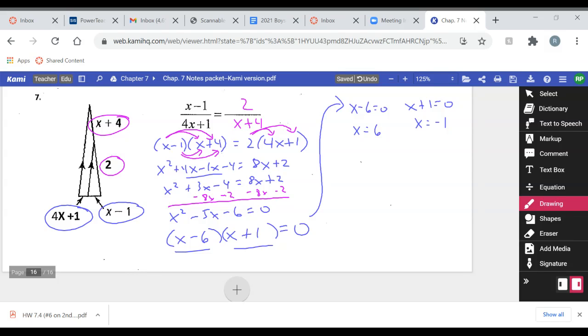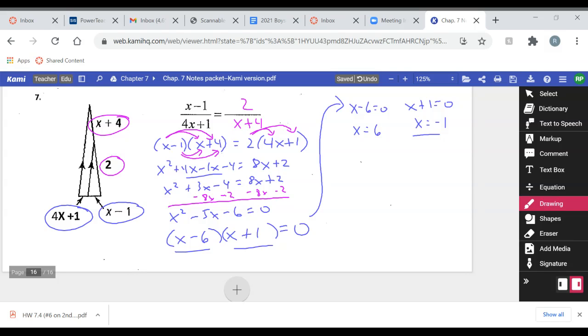And so these are my two solutions to this algebra problem, but in a geometry problem, I need to always make sure that both of those solutions actually work in this scenario. So if I take my 6 and plug it back in the picture, any of those numbers would make sense. They're all positive numbers. But if I take negative 1 and plug it back in the picture, if I plug it in 4x plus 1, I would get negative 4 plus 1, which is negative 3.